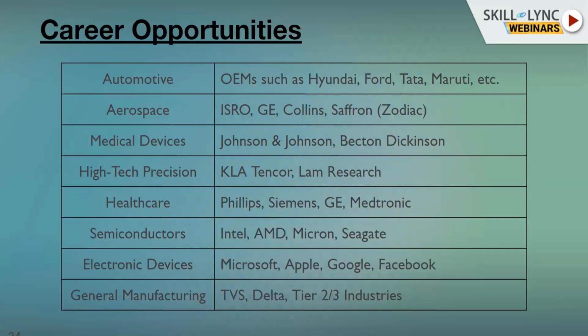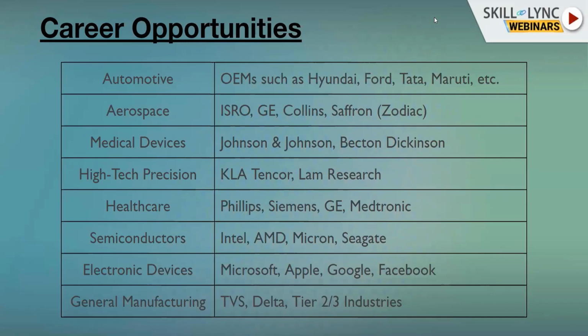We are using laptops, so we look at semiconductor industries. That means Intel, AMD, Micron, Seagate. When we visited some hospitals, there are healthcare medical devices: Philips, Siemens, GE. General manufacturing, there are a lot of groups, TVS, Delta, Tier 2, Tier 3 industries.